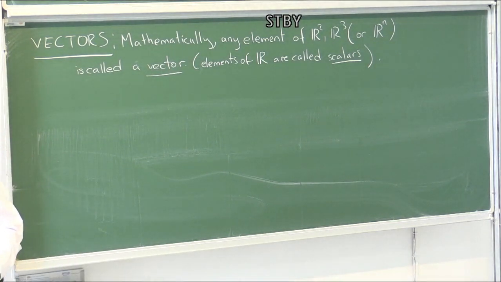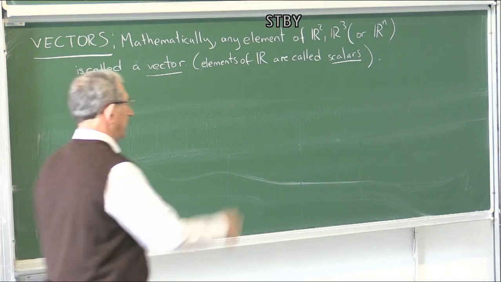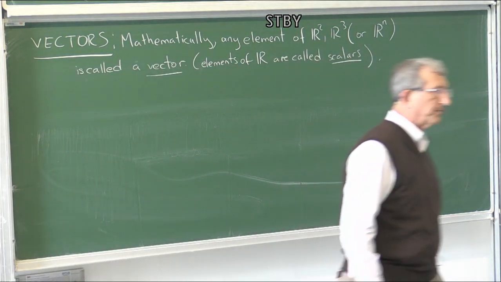So if you want, they are ordered pairs or triples, depending on whether you are in R2 or R3.